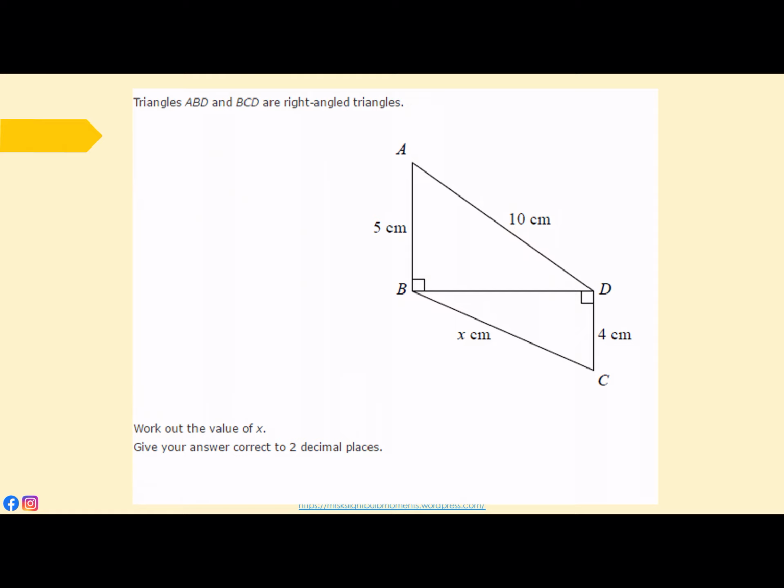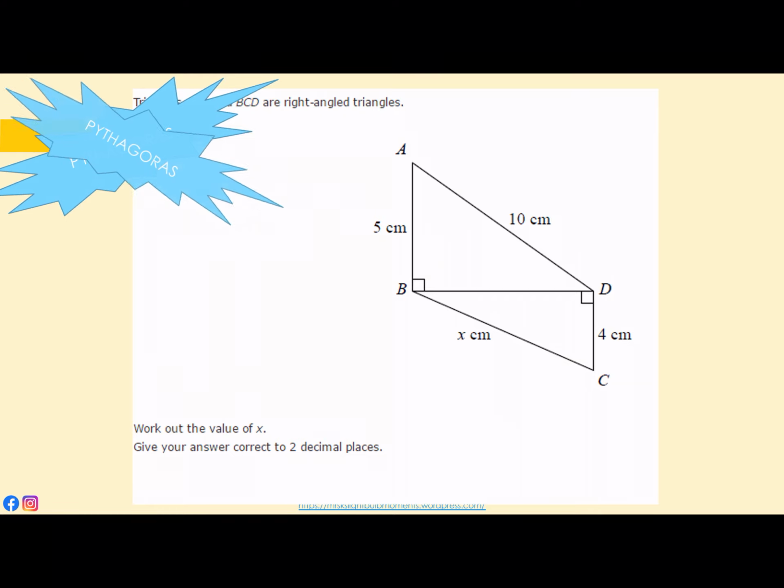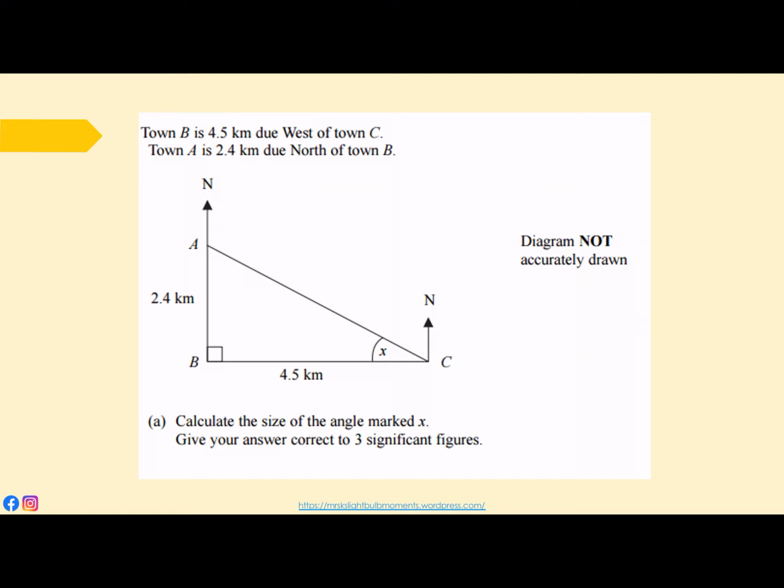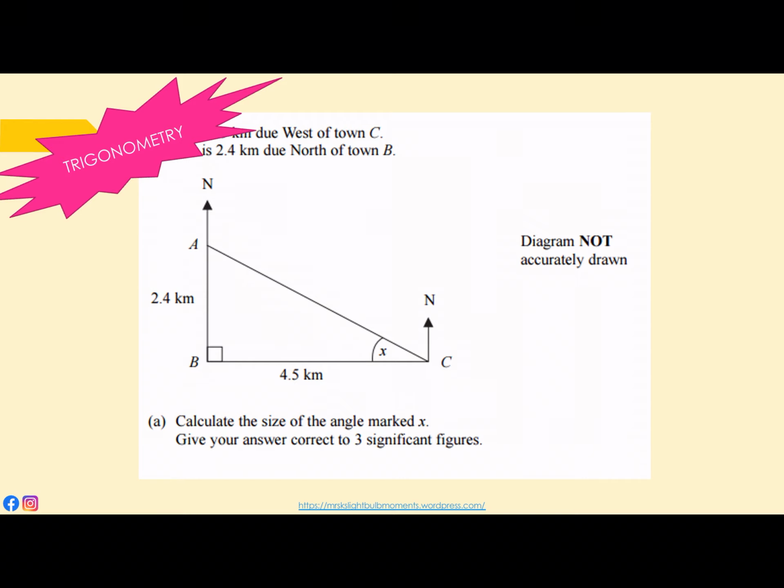This one. Yeah, have you got Pythagoras, then Pythagoras? It's a double Pythagoras one. Next one. Yeah, this is just trigonometry.